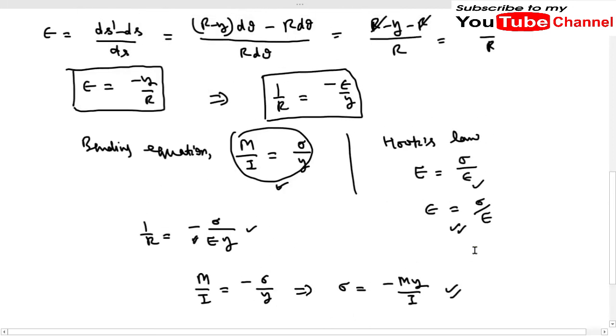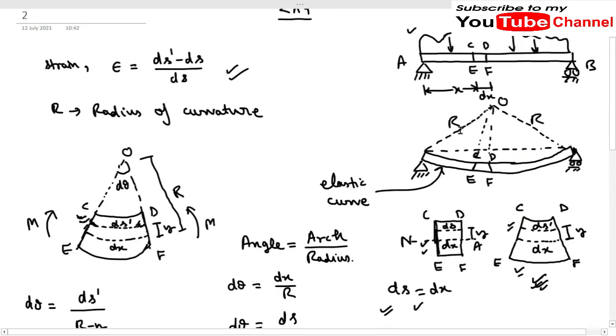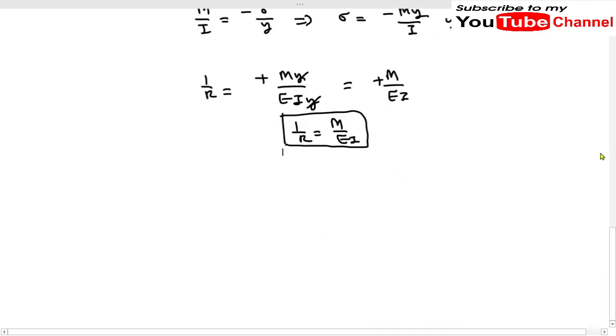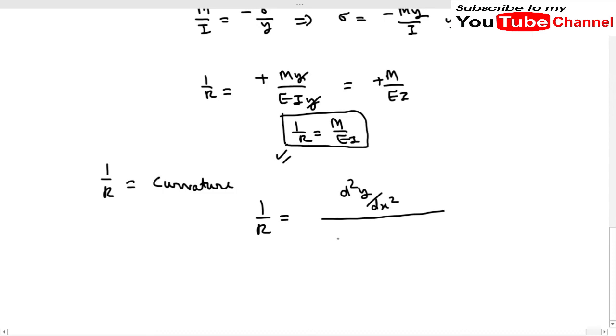The value of this r, the radius of curvature as I have written earlier, and the value of 1 by r is called curvature. From theory we can write that the equation for 1 by r is d²y over dx² divided by [1 plus (dy by dx)²] whole to the power 3 by 2.